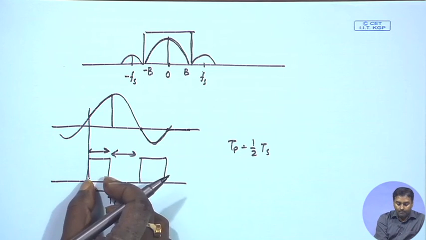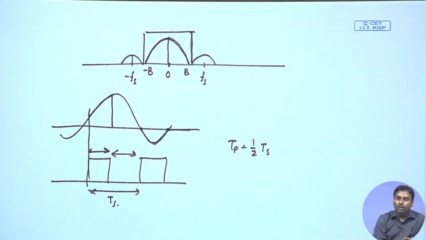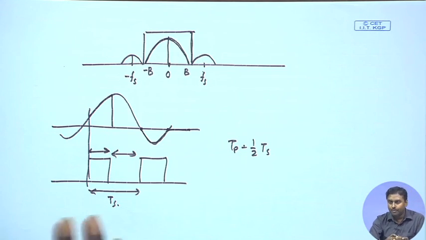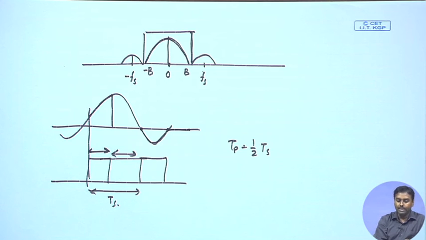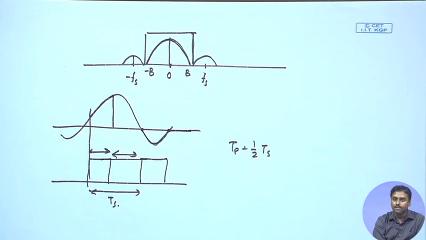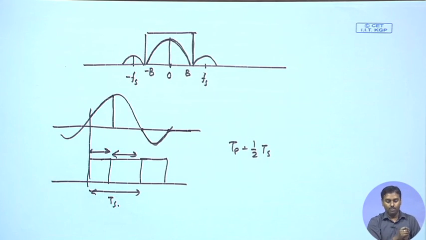So, I have seen that as I increase Tp, of course, I will be getting more and more power concentrated over here, which is very obvious, because if I just make it full, that means Tp is equal to Ts, then the entire power, because it will just look like the same signal, entire power will come to my central lobe. But is that something I want?